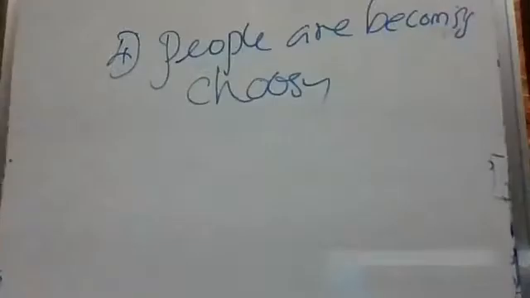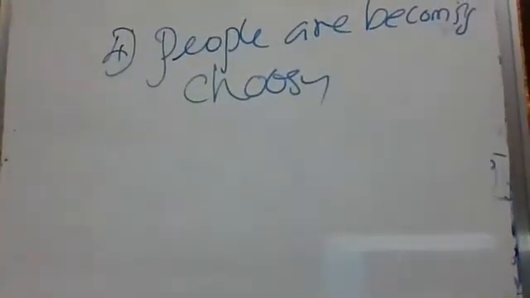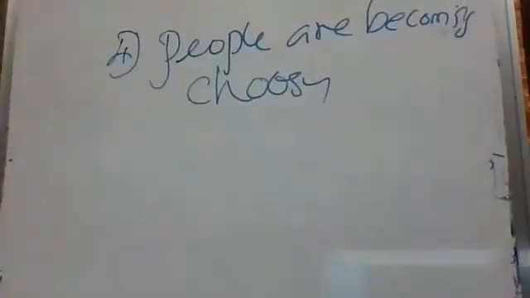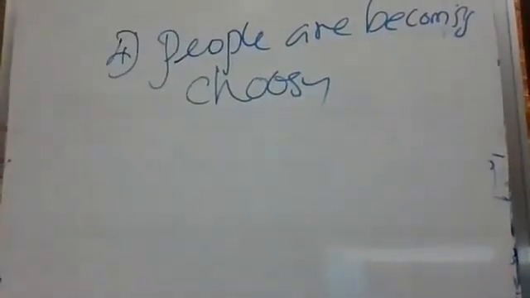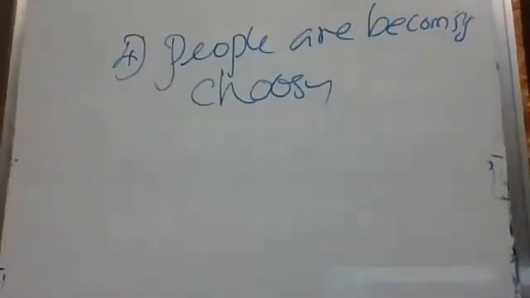Next one, you have to understand the meaning of developing countries. What is developing countries? Countries which are in the developing stage. There are three types of countries in the world. Developed countries: America, Britain, Germany, France, they are already developed.